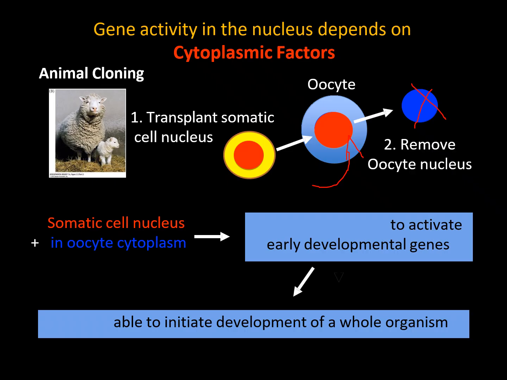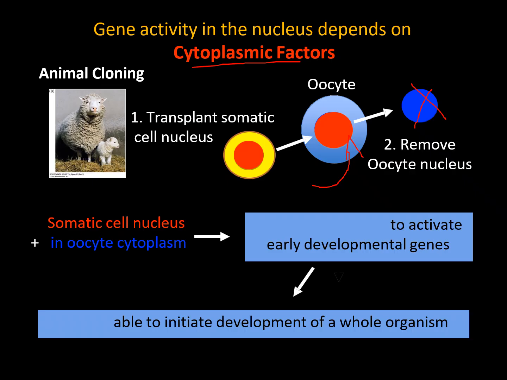So the cytoplasmic factors, the internal environment, is also very important. It dictates to the nucleus what it's supposed to do, that in this case is to produce a new organism, not a mammary gland like in the beginning. Why? Because the internal environment of the cell is also very important for gene regulation.